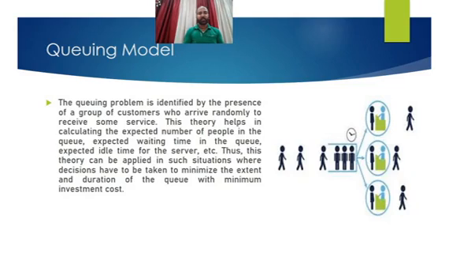Then thereafter the queue model. Queue theory is basically related with waiting time and service time. For example, you go to a barber shop, a bank, or the electricity department to pay the electricity bill.